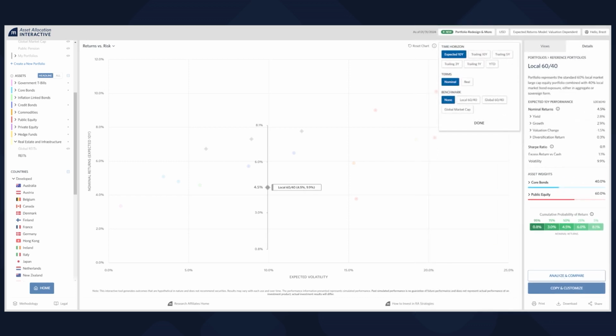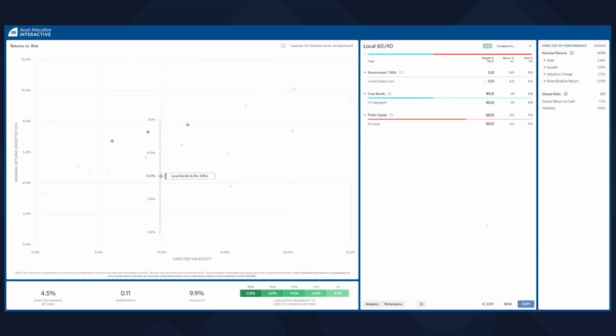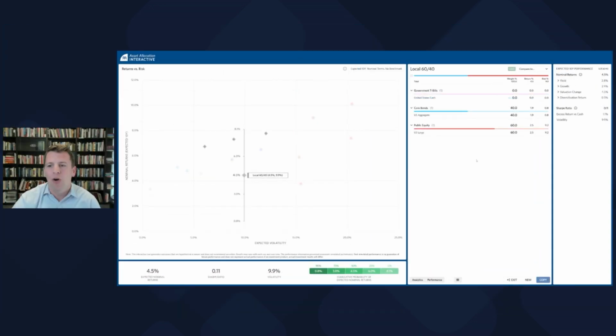This lets me dig a little deeper into the portfolio. Right off the bat, I see the weights, and it's a 60/40 portfolio, so unsurprisingly, the weights are 60 and 40. You see the contribution to return, pretty straightforward. But what may be of interest is we also show the contribution to risk.